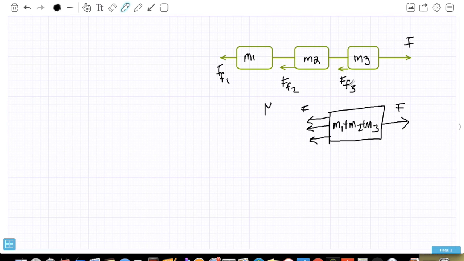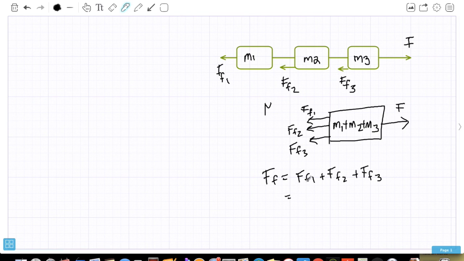So that's force of friction. So we can collect all of these. So the force of friction acting on the whole mass is equal to force of friction 1 plus force of friction 2 plus force of friction 3.